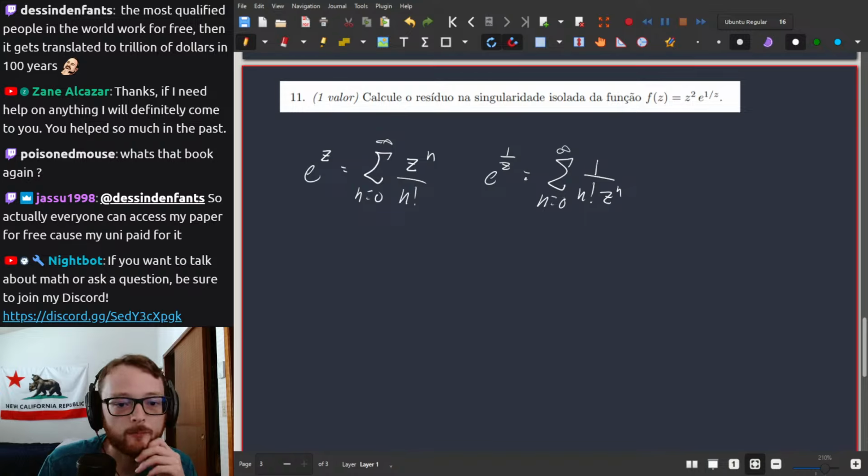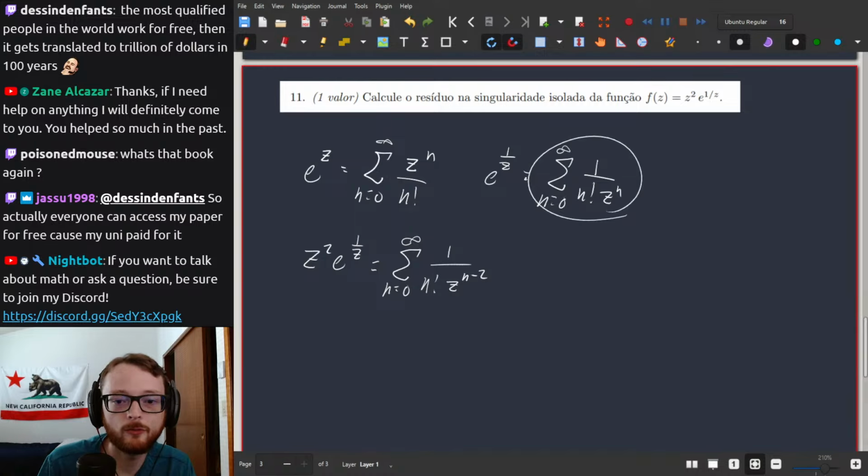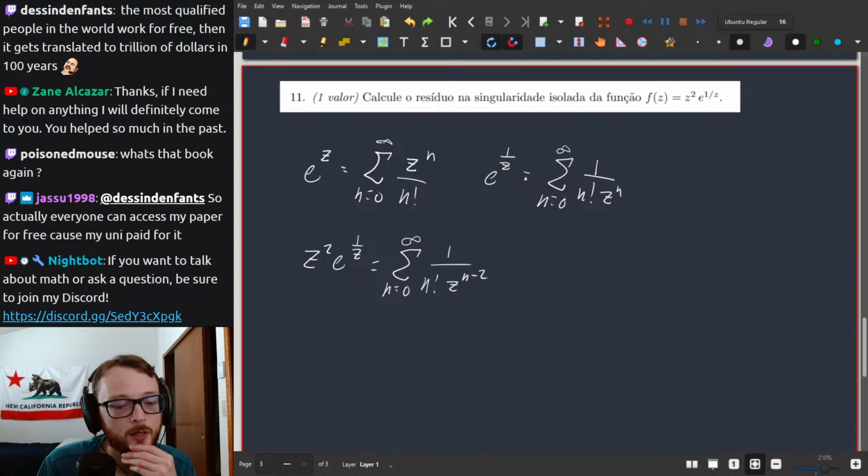And then we do have a z squared out front. So z squared e to the 1 over z equals the sum from n equals 0 to infinity of 1 over n factorial z to the n minus 2. Because what I did here is I brought the z squared inside, and I canceled the exponent down there. And so I think we probably want to expand this out now.